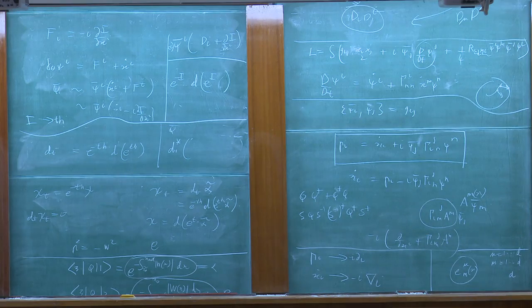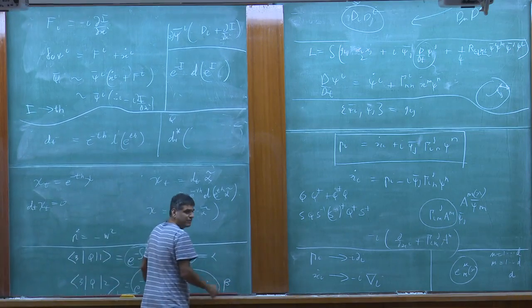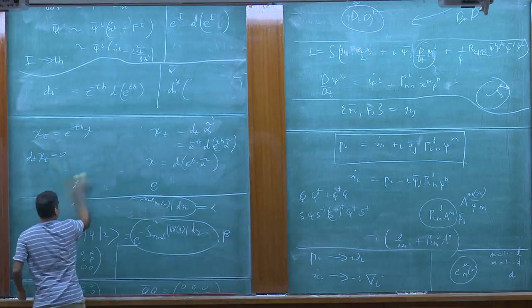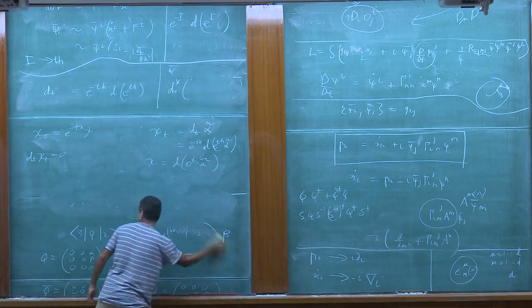Okay, we argued in the context of a particular example, but it's a very general thing. If you have two operators that are related by similarity, the same argument goes.